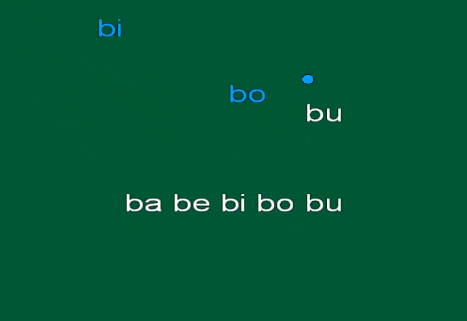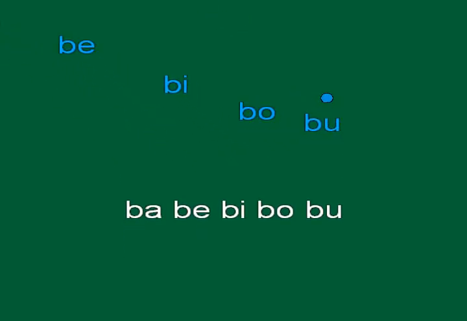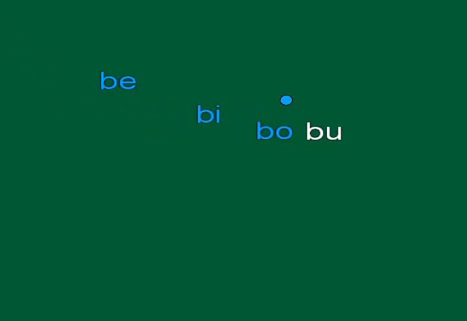The first consonant we have is B, it sounds like B. So when you combine B and A, Ba, and then B and E, Be, Bi, Bo, Bu. So it becomes Ba, Be, Bi, Bo, Bu.